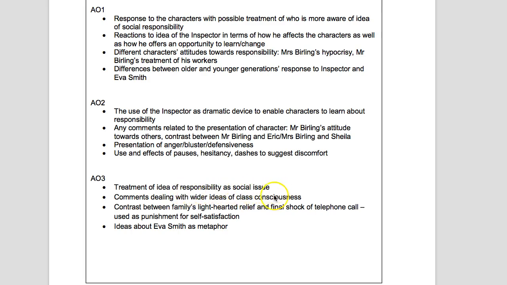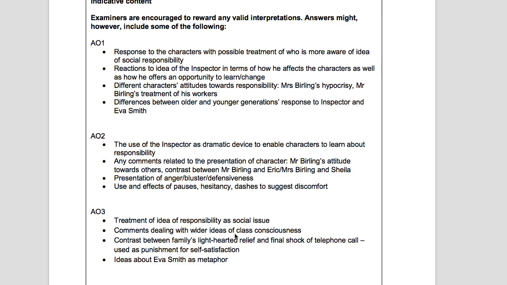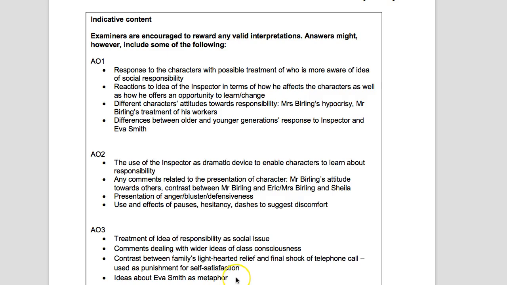Responsibility and social issues again. Class consciousness again. So there you have it. The key ideas that the examiners want to test you on are in those indicative comments. You know exactly what to write about now. Class consciousness, social responsibility, the ending, and the divide between the older and the younger generations. That's all the examiners are interested in.